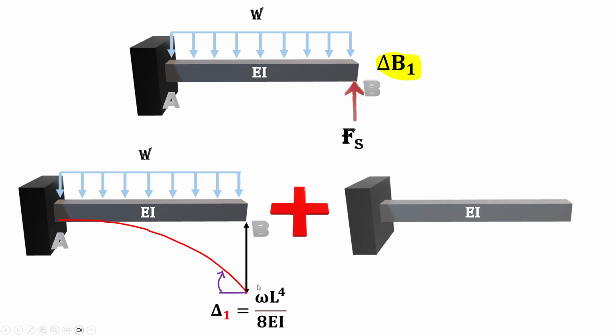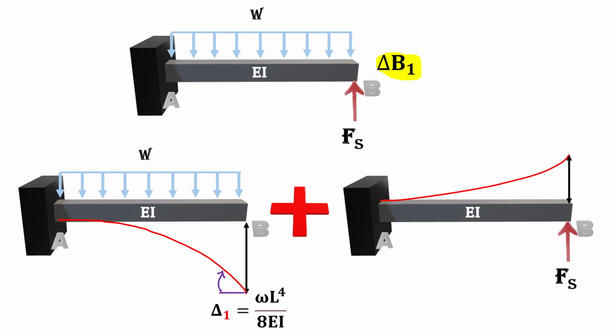And the other part is the same cantilever beam, but this time handling an upward force due to the force of the spring. We also calculated this deflection, but in a downward position. The amount of that is PL cubed over 3EI, replacing P by the force of the spring. I will provide you with the link for a cantilever beam with a concentrated load at its end to see how to calculate that.